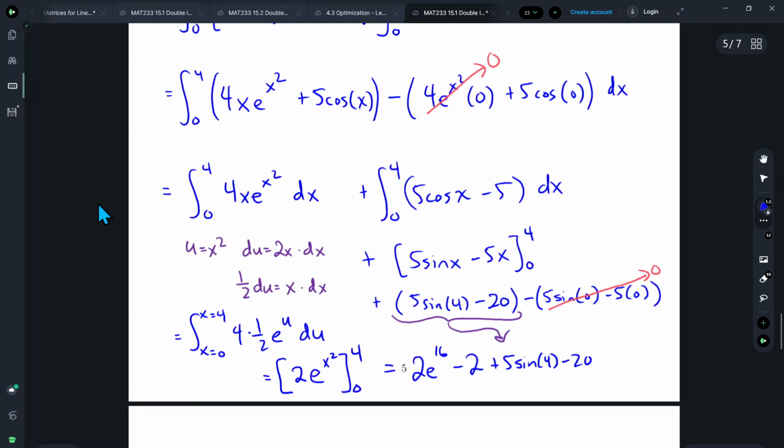Okay, so that's the whole calculation, and to save time, I've already calculated this previously, and this should come out to be approximately. It's a very large number because of this e to the 16th power. So it comes out to be 1772195.26.